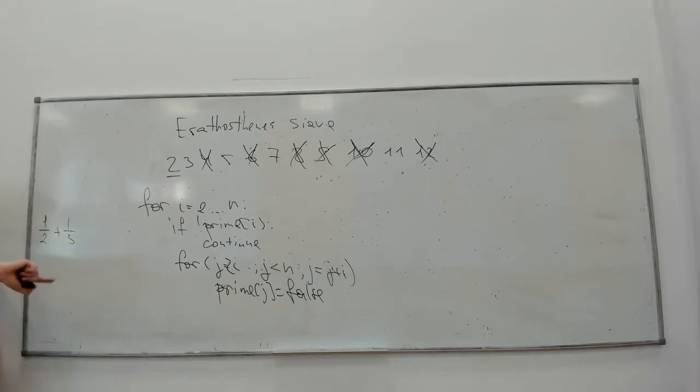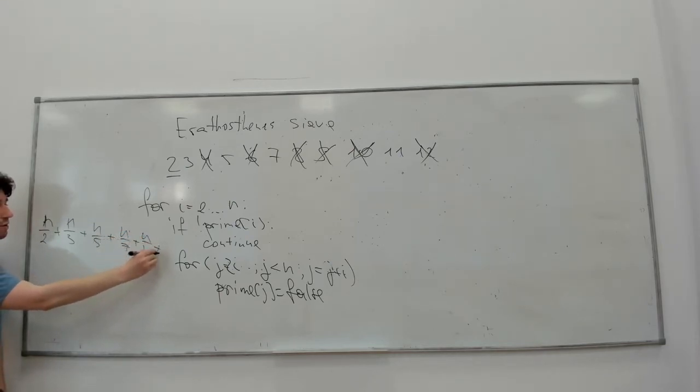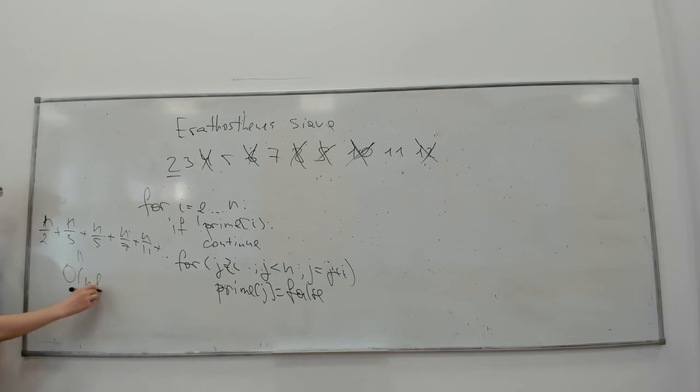You take 3 and strike everything with the step 3, then n divided by 5, then n divided by 7, then n divided by 11, and so on. So this is how the running time looks, and it appears to be of this complexity. The sum of inverses of prime numbers is log log n.